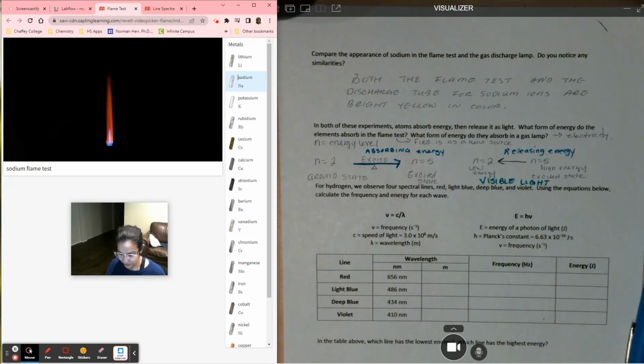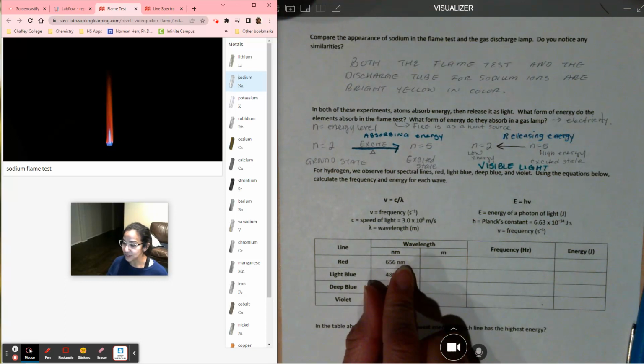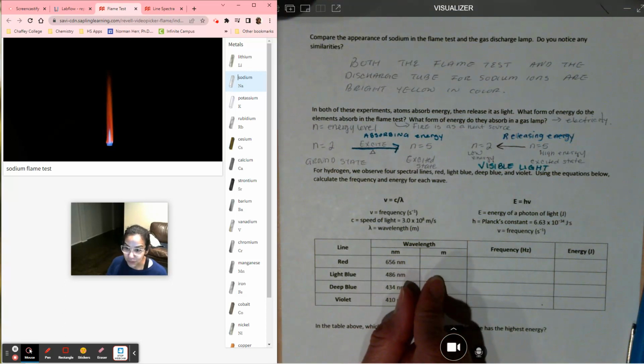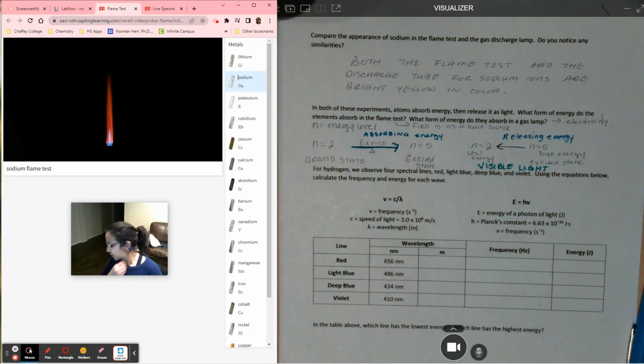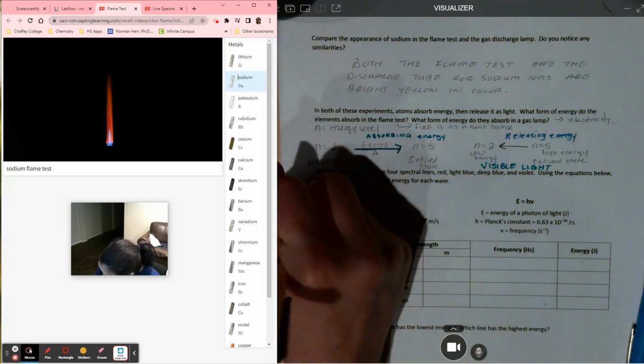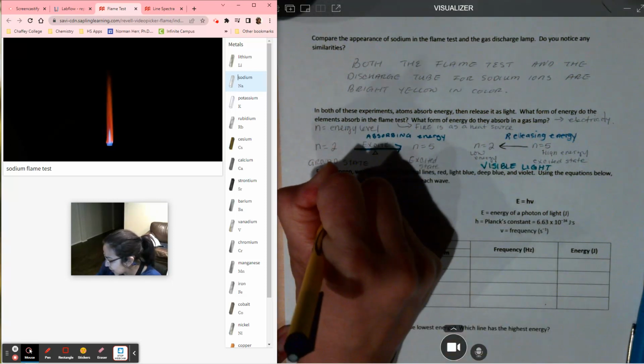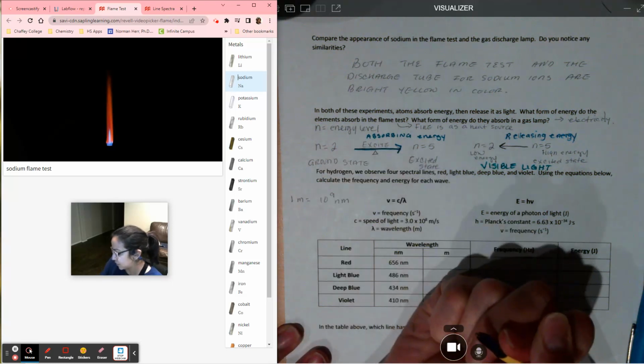Okay. So using our handy dandy calculator, we're going to solve. Remember, it's very important to use the correct units. And luckily for us, this worksheet actually tells us to convert from nanometers into meters so that we don't mess things up. Okay. All right, so what is our conversion factor? We know that 1 meter is equal to 10 to the 9th nanometers.